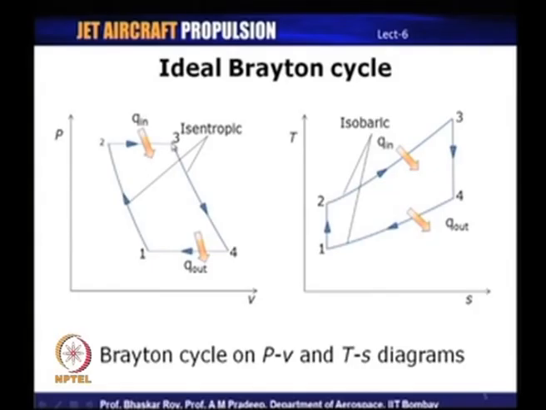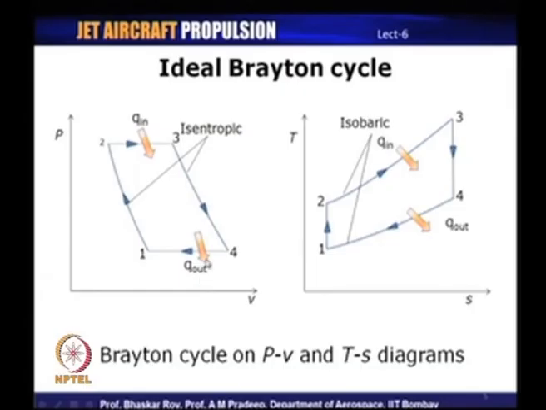At state 3, there is another expansion process during which the specific volume increases, and because it is an expansion process, there is a drop in the pressure, and this again is an isentropic process. The fourth process is a heat rejection process, which is again a constant pressure process, and therefore, there is no change in pressure between states 4 and 1, and heat is rejected during this process, which is represented by Q out.